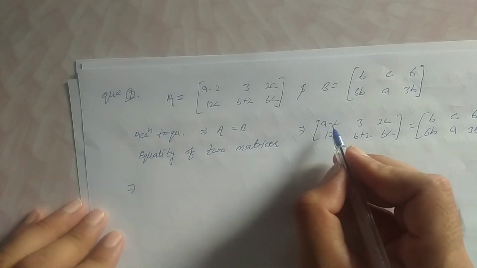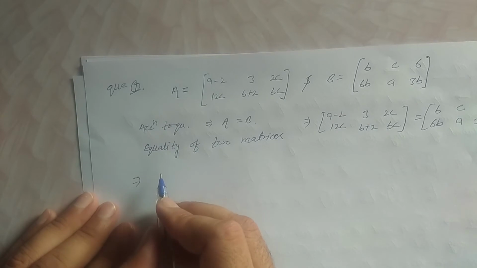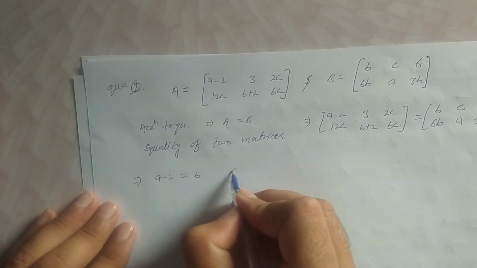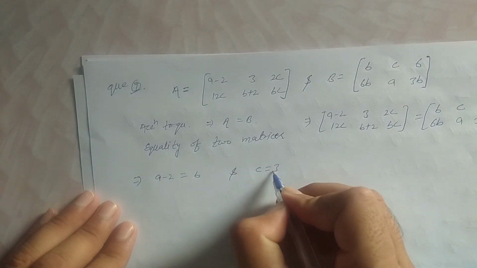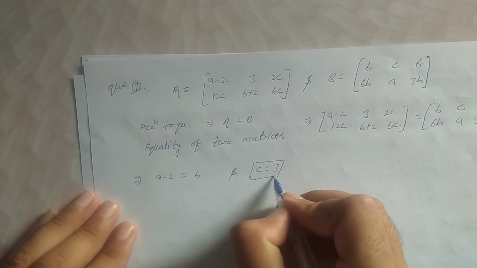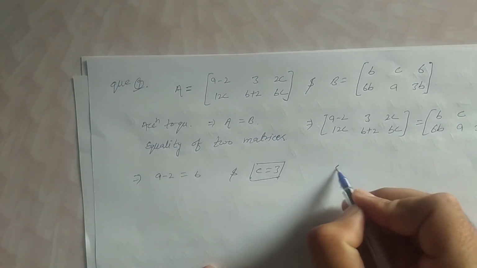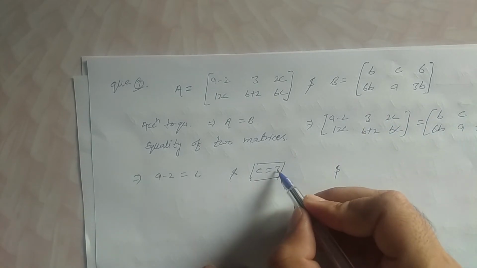This implies a minus 2 is equal to b, and 3 is equal to c, so c is equal to 3. And 2c is equal to 6, it means c is equal to 3.